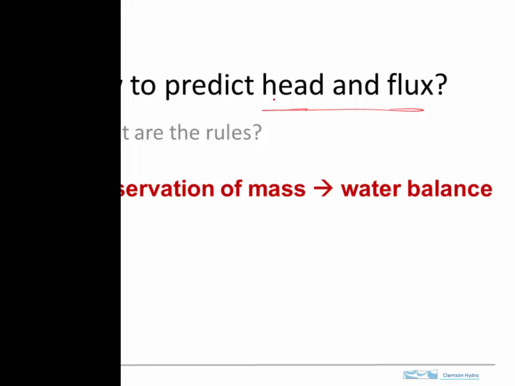I think we saw this on the first day of class. And if we can assume that the density of the water stays constant, then we can go from conservation of mass to conservation of volume, and we can do an overall water balance. So we can assume safely, I think, that conservation of mass is one of the rules.